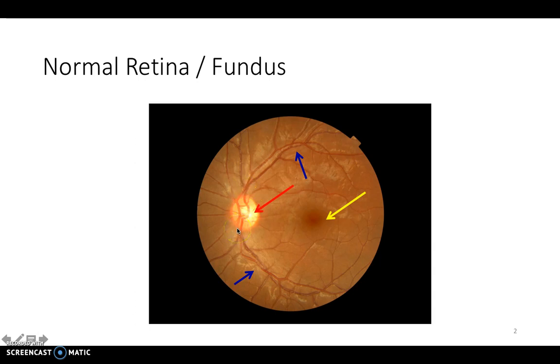It's very important to look at the size of the optic cup relative to the disc, because it changes in a disease we call glaucoma, which I will show in subsequent slides. The normal optic disc is pinkish-yellowish in color because it has vasculature, and when there's damage to the optic nerve, you'll find this changed. So that's how a normal retina and fundus look.